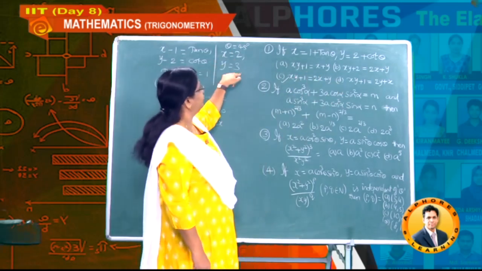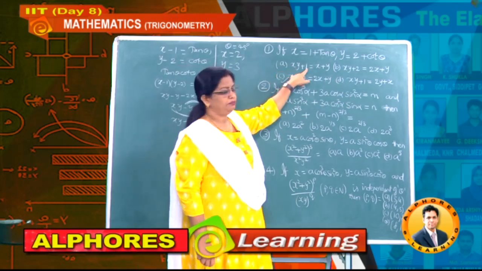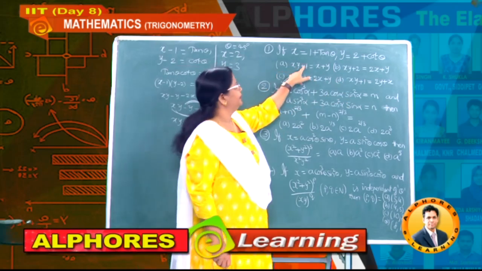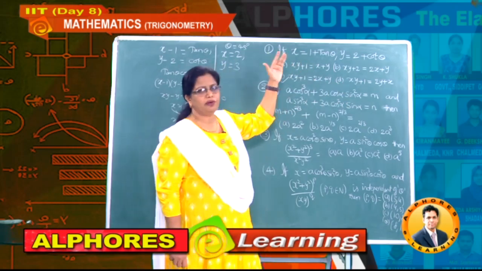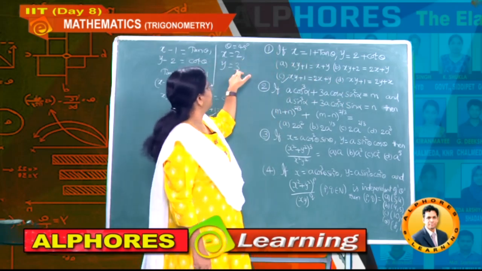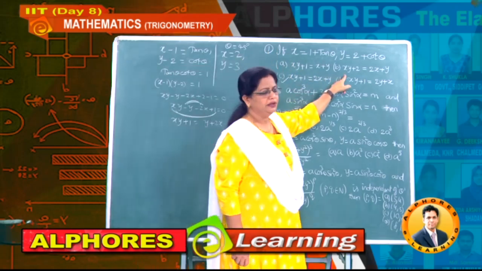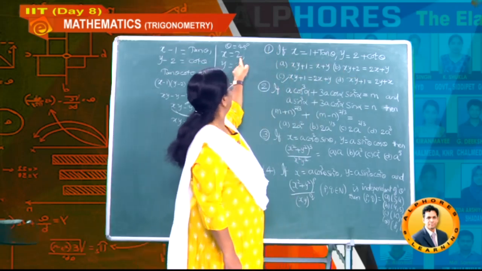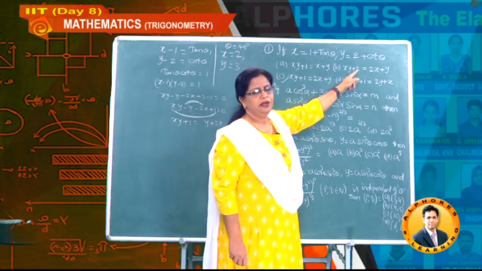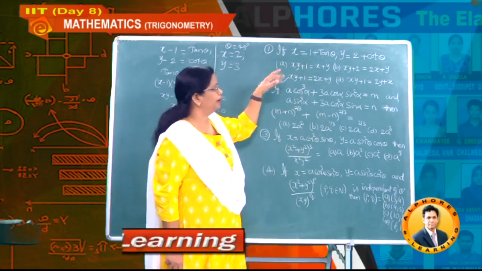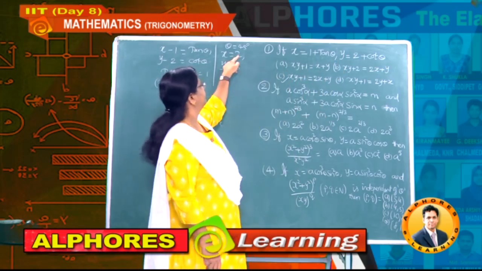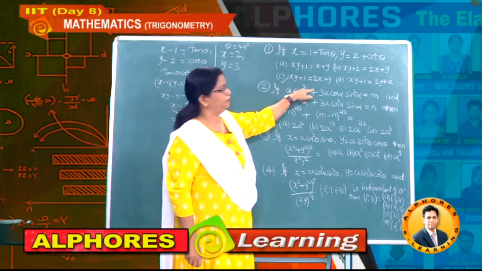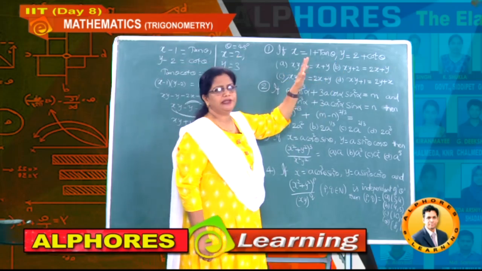Now, 2 and 3. So this is 6 plus 1, 7, equal to 5. Not true. So option 1 is wrong. And next, this is 6 plus 2, 8, equal to 4 plus 3, 7. 8 equal to 7, again wrong. Now I put here xy plus 1, that is 6 plus 1, 7, and this one is 4 plus 3, 7.